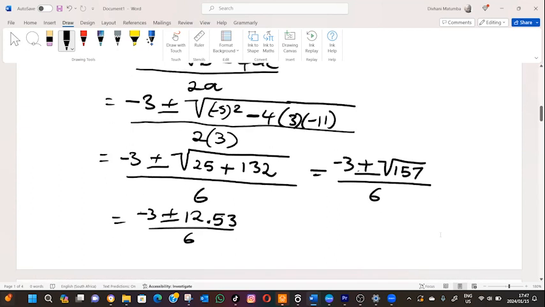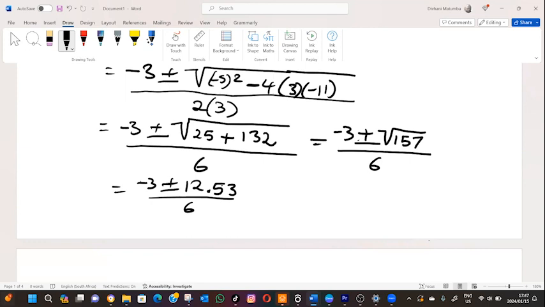Now the first root will be, now x will be the first root. Let me calculate it for you guys.